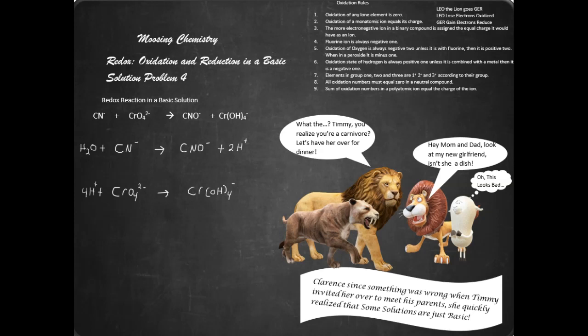Now the next thing we're going to do is add electrons. So let's go back up here and look at this. This has a -1 charge. The overall charge of this is -1, right?